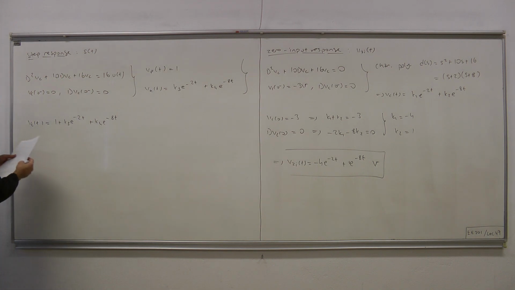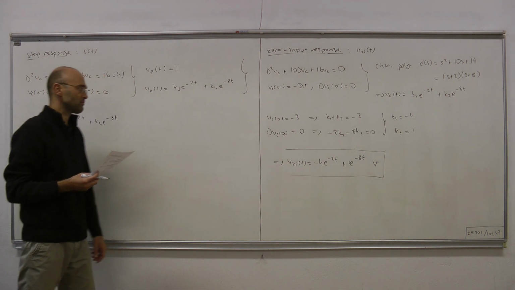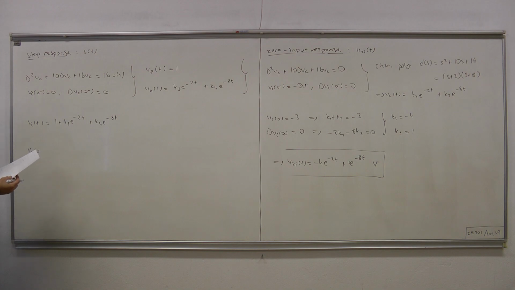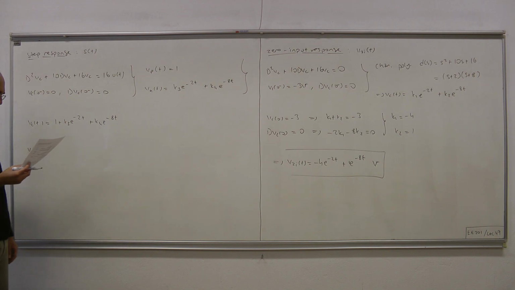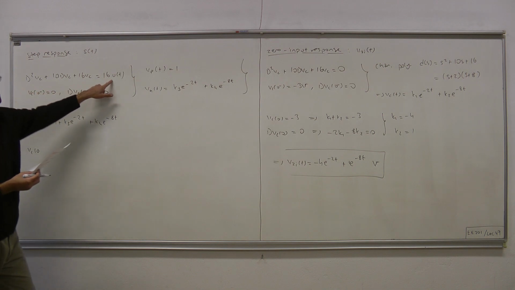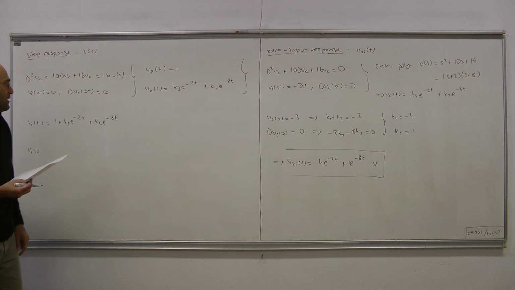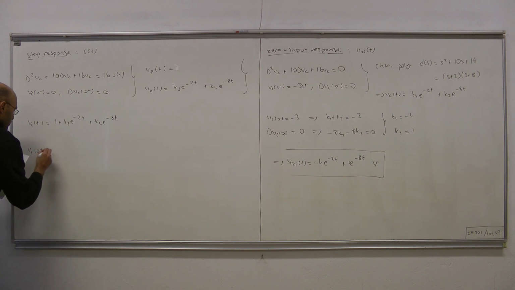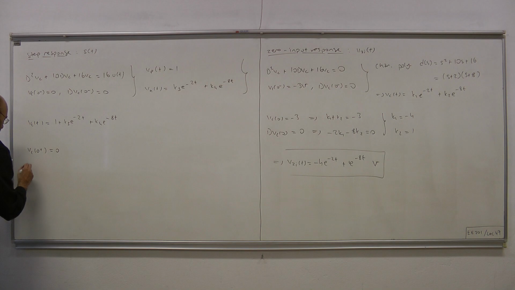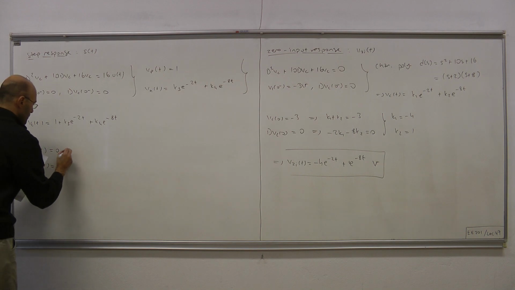Now, let's figure out K3 and K4. For that, we use the initial condition information. This input will not cause any jumps at the initial conditions. Therefore, what we have is Vc(0+) equals 0 and dVc(0+) equals 0.